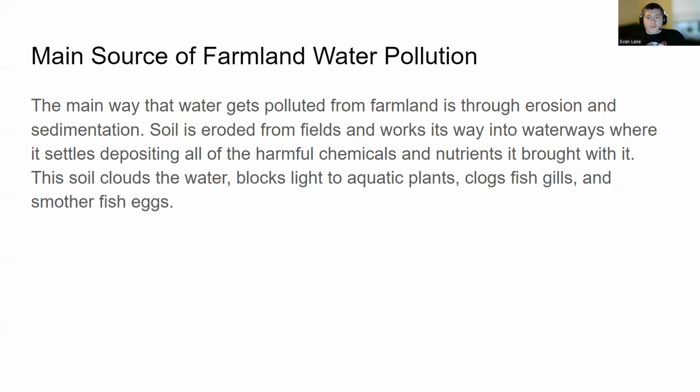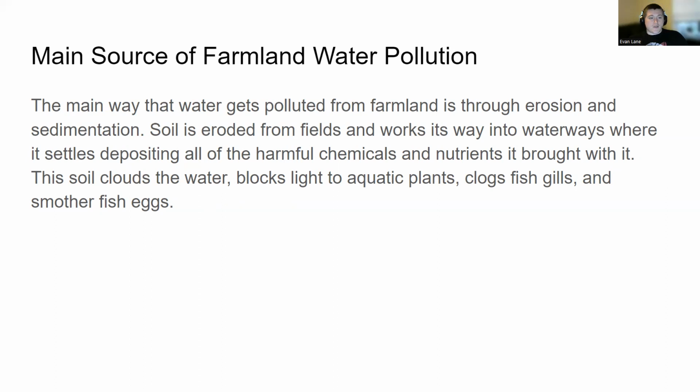When you block light to aquatic plants, you lose oxygen production when you lose the plants. Also the nutrients can cause algal blooms, which also suck up oxygen from the water. So not only are you not producing oxygen, you're losing oxygen to the water, which causes a lot of death of aquatic wildlife. This soil also clogs fish's gills, which are needed to absorb what little oxygen is left in the water. And then it can smother fish eggs as well.